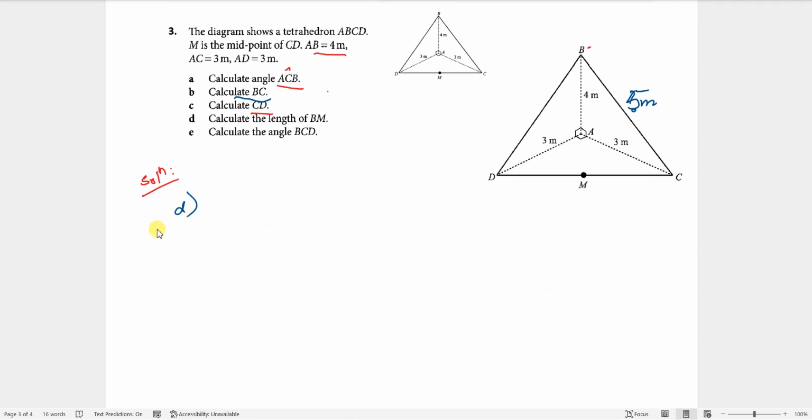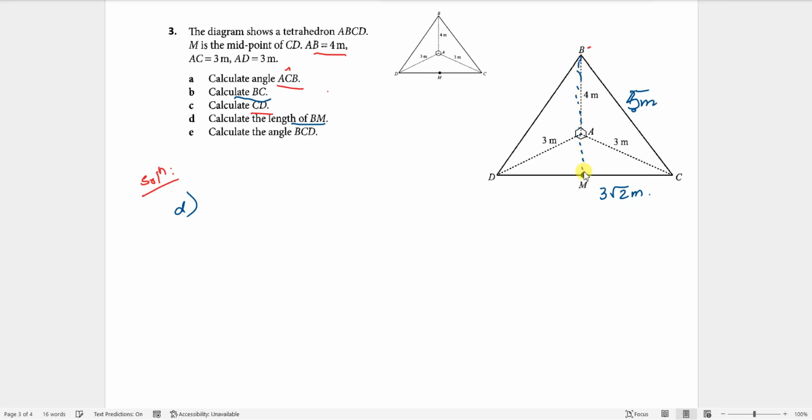Okay, so part D, calculate the length of BM. So we found CD as what? CD is 3 root 2, right? Let's label this one as 3 root 2 meter. Okay, so part D is find the length of BM. Where is BM? BM means this line.